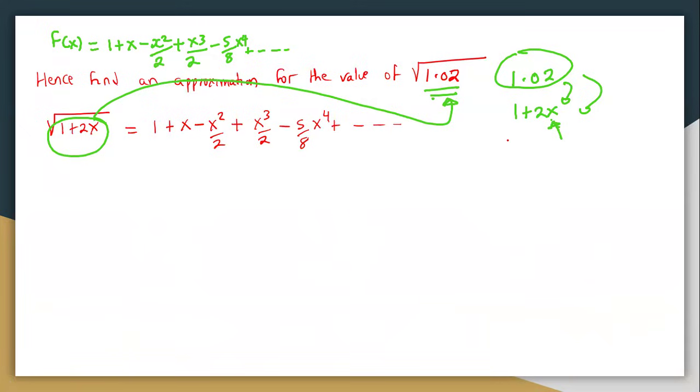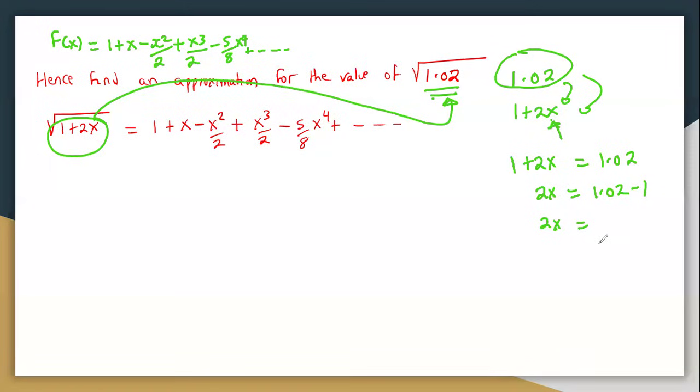From Dorcas's submission, she's saying we find the value of x by equating. Another person says the same: 1 plus 2x, you equate that to 1.02. That one is very fine, members. So you said 2x will equal 1.02 minus 1.